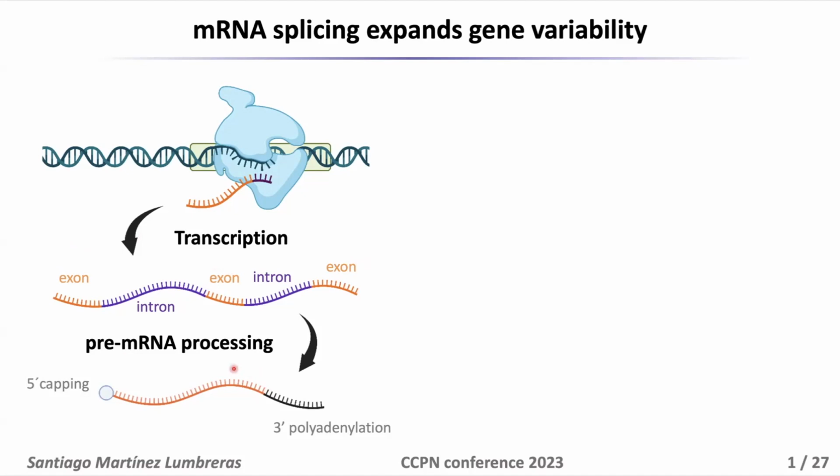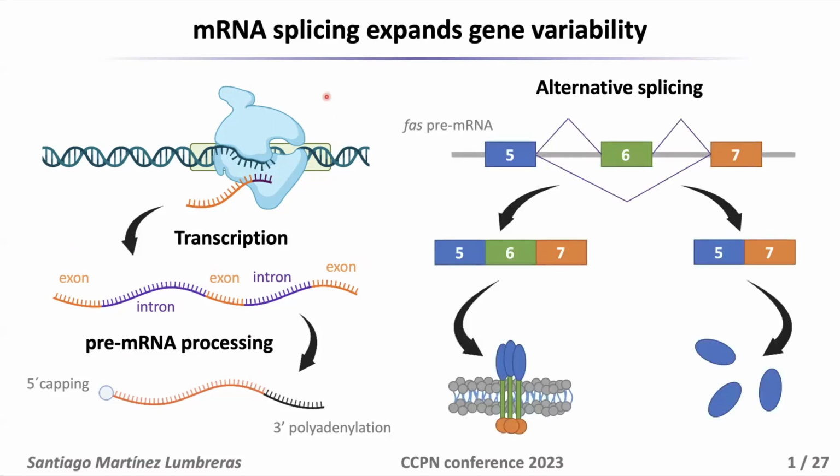You can imagine this is heavily regulated, and in eukaryotes it's important because it also expands gene variability. From one single gene, we can have different versions, which are called isoforms. Quick example of a pre-messenger RNA. We have different exons, and if exon 6, for example, is included, what we have at the end is a membrane protein, which has a pro-apoptotic function.